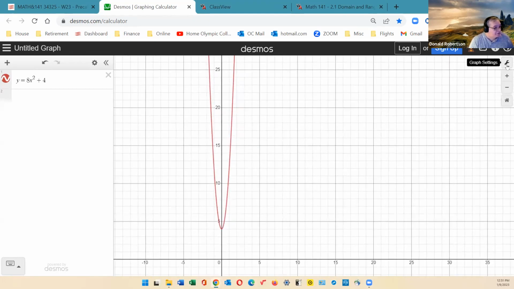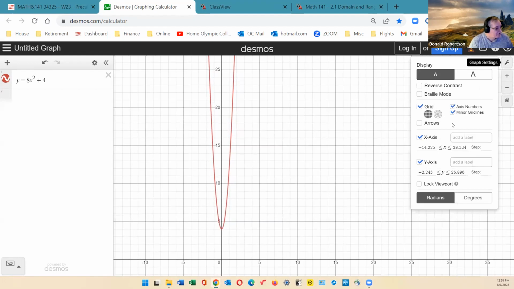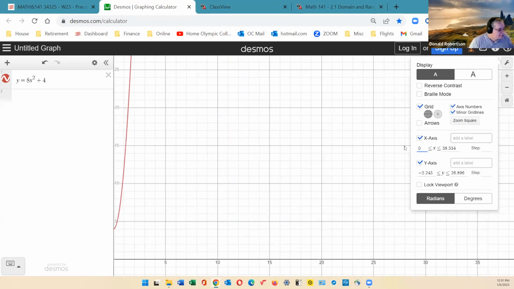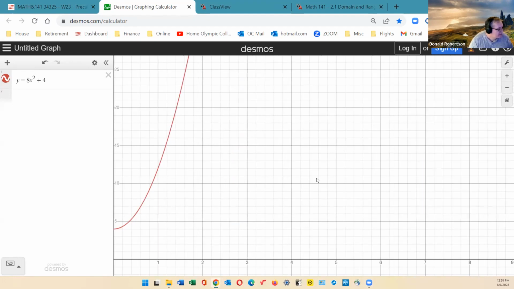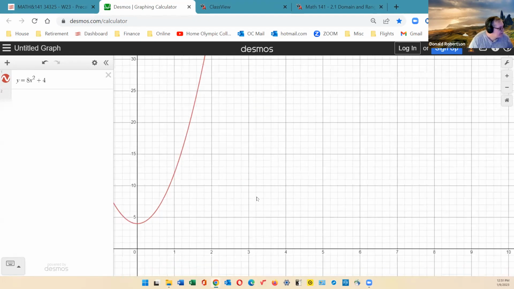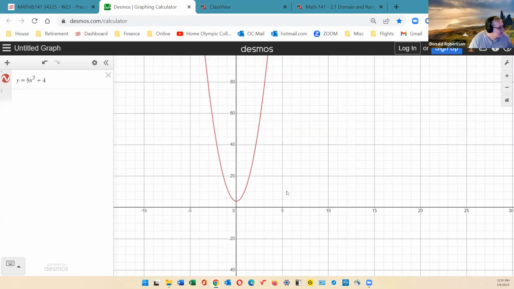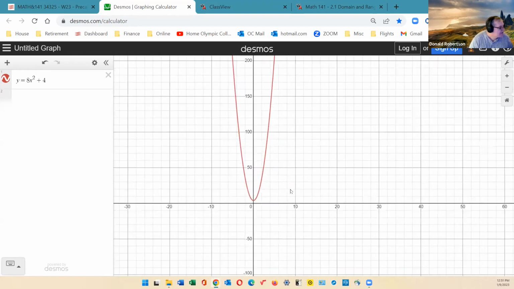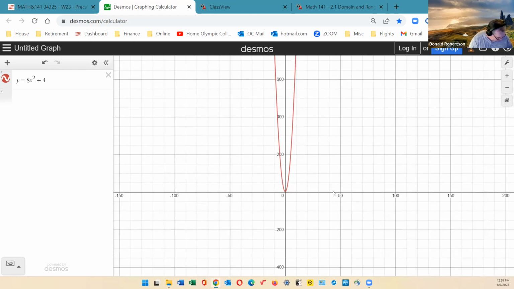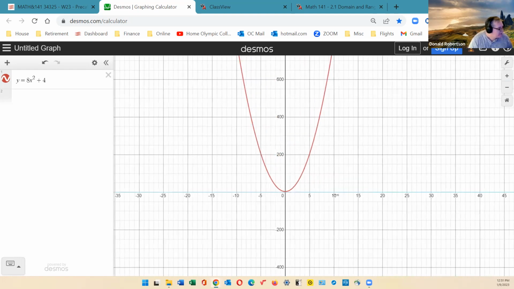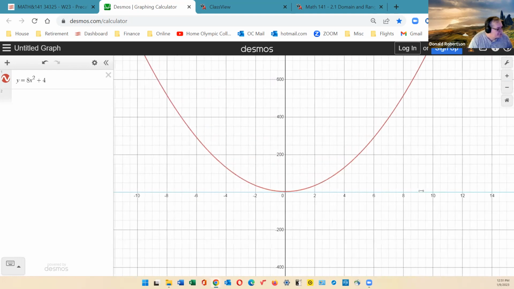Now, if I hit the little graph setting thing, I can restrict the x's from 0 to 9. And then, oh, that scale's ridiculous. Okay, I'll try it again. Right, I'm just playing about with the scale a little bit.